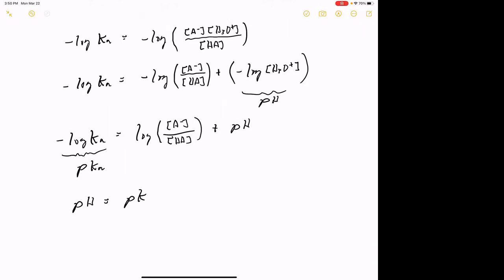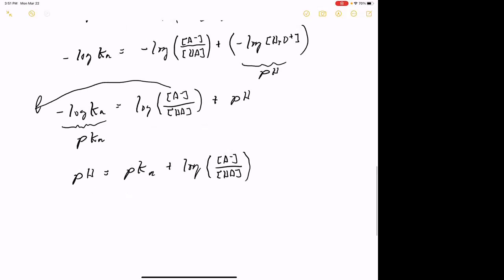Well, that didn't work out sign-wise. It's fine. pKa plus base 10 log of A minus over HA. It's called taking a wrong turn when you do your algebra. There you go. So this thing here is the Henderson-Hasselbalch equation.